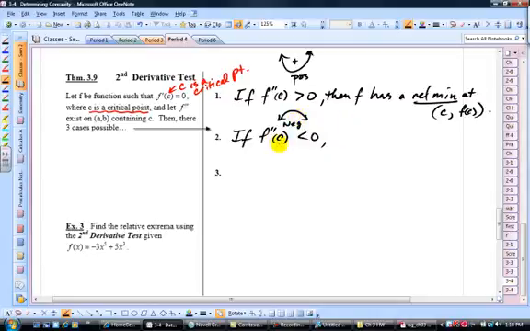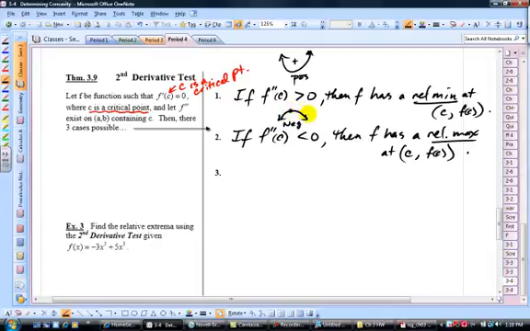So your function f has a relative max at (c, f(c)). Just think about it. If it's concave down because the second derivative is negative, it's got to have a relative max as opposed to a relative min.